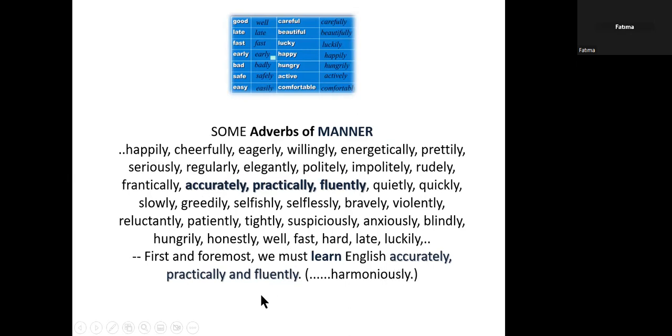This is a fact. Practically and fluently, harmoniously, with time. First, accurately, practically, and fluently. So we must learn English harmoniously. These are also adverbs of manner.